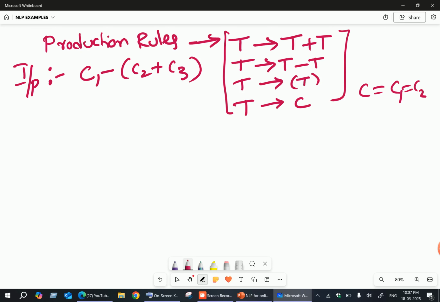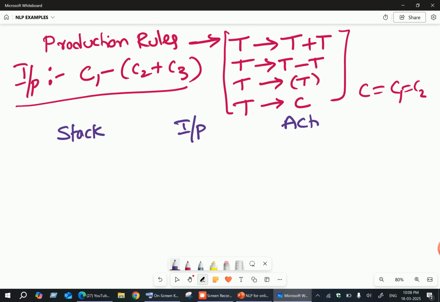Now see here, this is our input sentence and this is the production grammar rules they gave. Now we will implement using the shift reduce method. We know that in the shift reduce method we have stack, input and action.